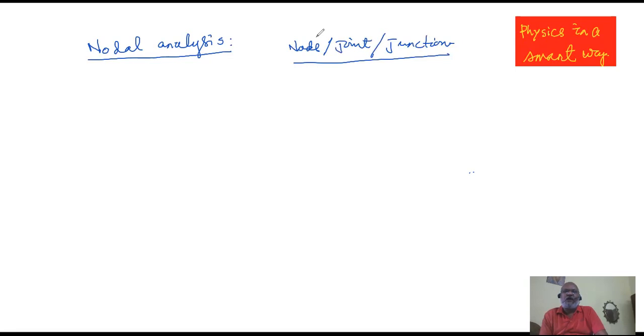Then we say it is a node or a joint or a junction. So that is junction-based analysis, and stress is given to the potential difference again. So we start with the idea, but I am simplifying it in my own way.